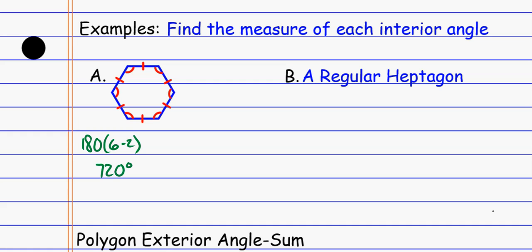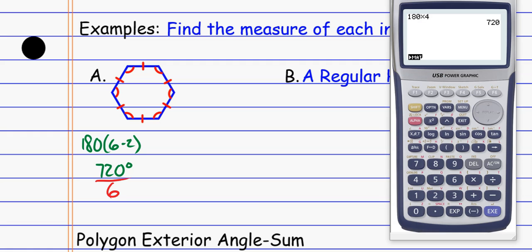There are 6 angles in here. Those 6 angles add up to 720, but each of those 6 angles must be the same. So if there are 6 angles that give me 720 altogether, what is each of those angles? I just have to divide this by 6. Again, that's a job for my calculator, and it gives me 120.